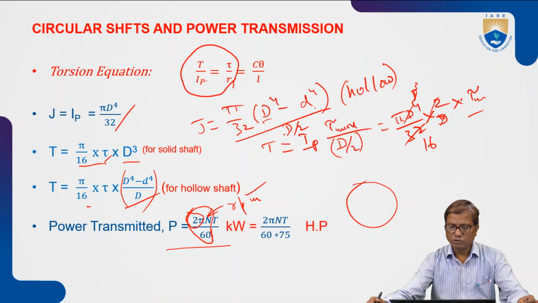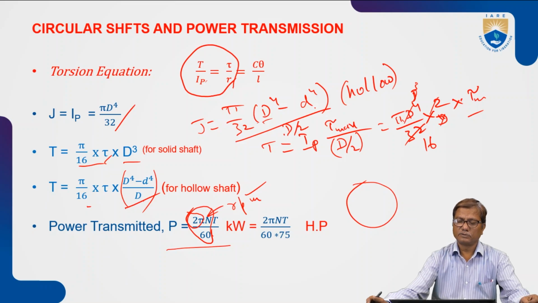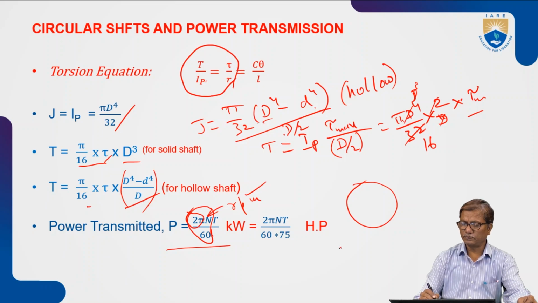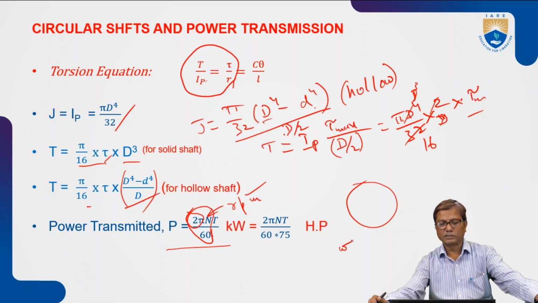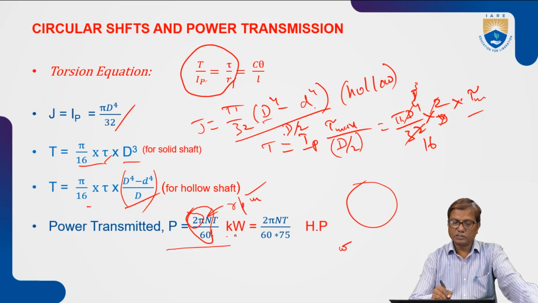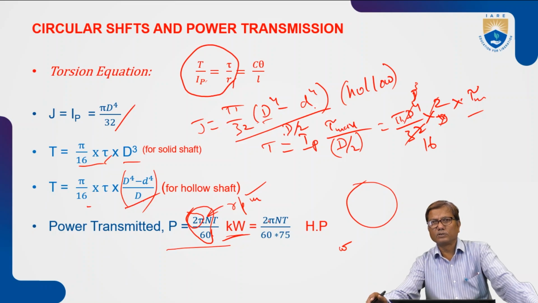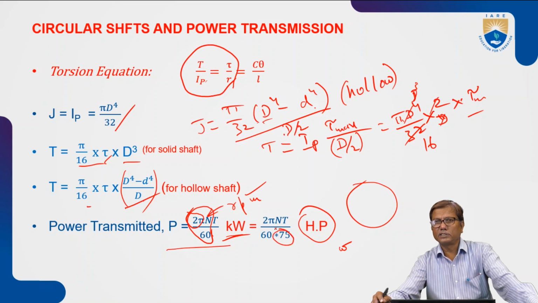So 2 pi N by 60 is angular speed, in other words, angular velocity, omega. Okay, and this is in units of kilowatts. In horsepower units, we have to divide this by 75.